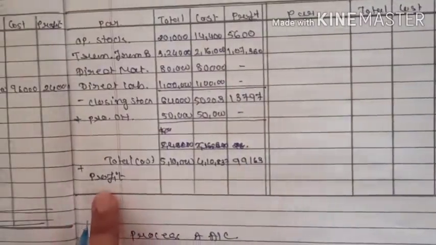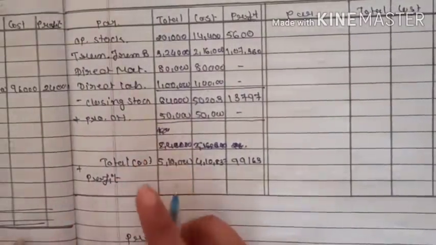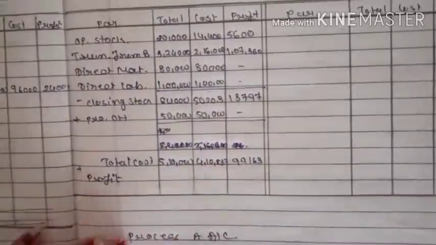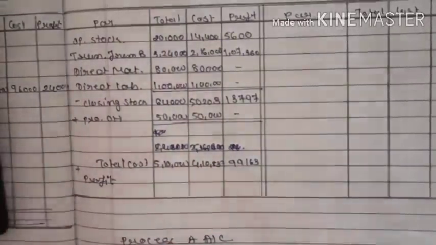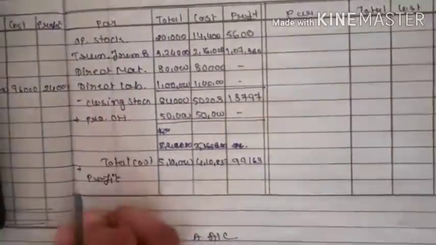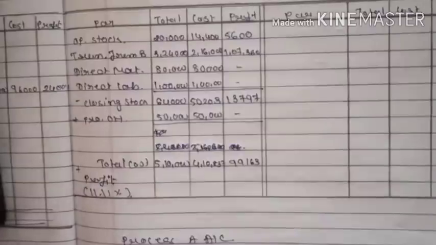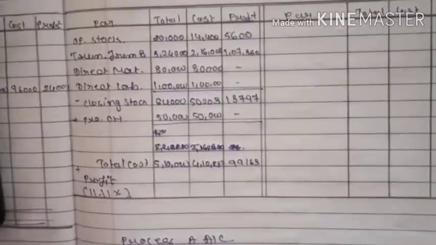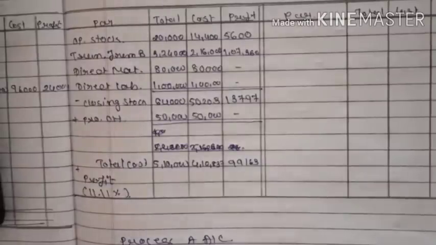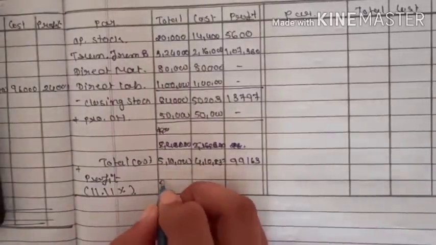So profit on cost will be 11.11%. So 5,10,000 into 11.11% is 56,667.